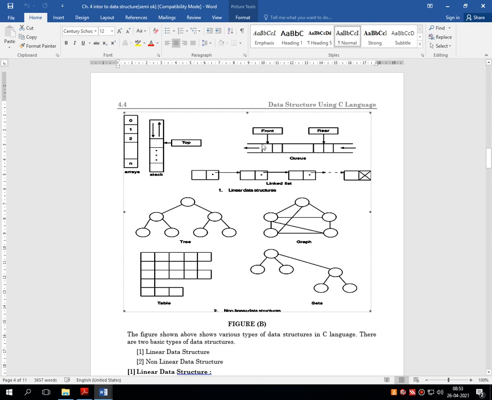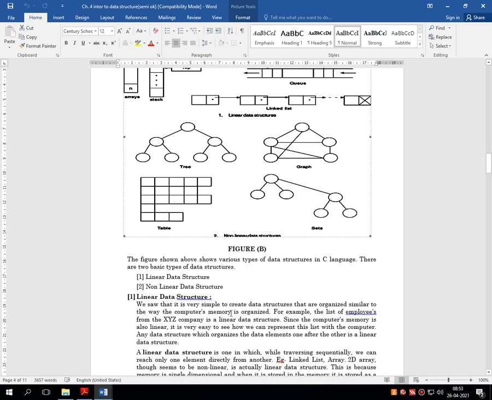Above are the examples of linear data structure, where this is the example of stack. We'll discuss it later in detail. This is the architecture of queue. This is the architecture of linked list. And whenever the data is in the format of tree, graph, table or set, it is called non-linear data structure.